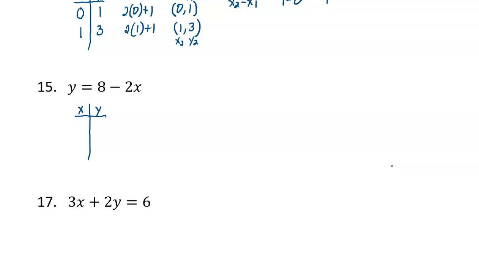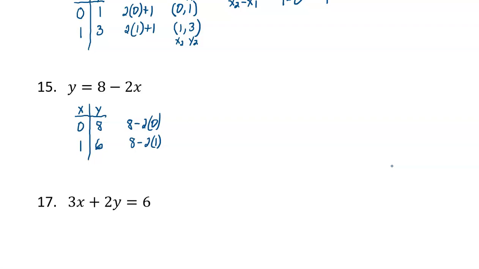Now an easy number to use for x is 0, because then our formula is 8 minus 2 times 0, and that makes 8. Another easy number to use for x is 1, and we have 8 minus 2 times 1, and that makes 6.